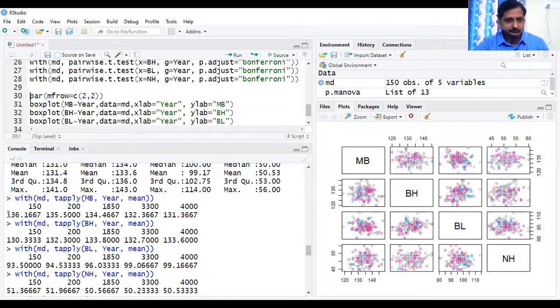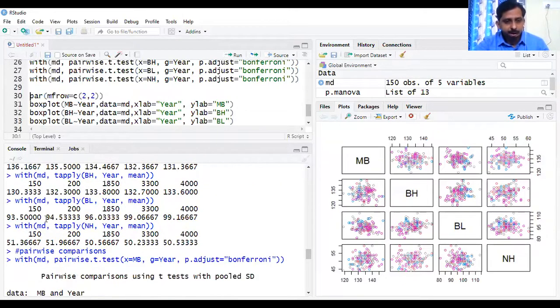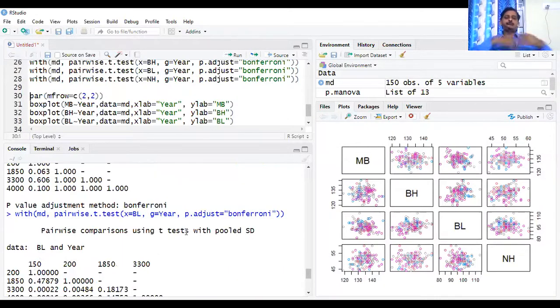Breadth of the skull increased, length of the skull decreased over the years. So doing these many steps, we are able to confidently claim that the length of the skull from 4000 BC to 150 AD gradually decreased, whereas the breadth of the skull gradually increased from 4000 BC to 150 AD.